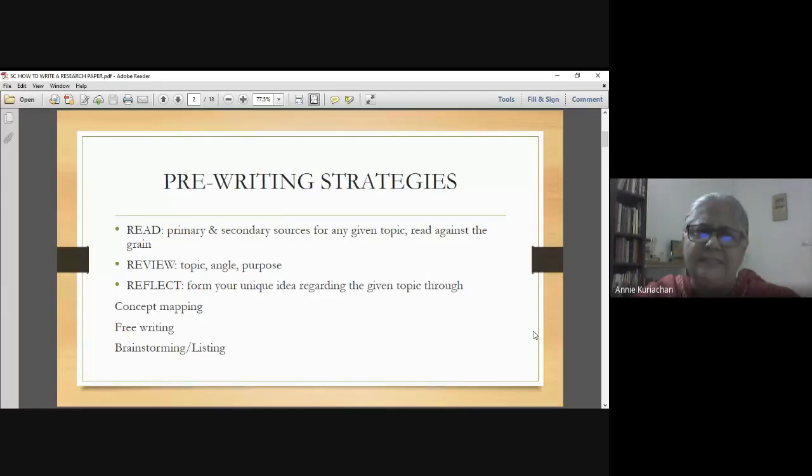Once again, let me emphasize that when you're reading, it's not reading in order to collect material and then organize it in a very logical sequence. That's not what research is about.